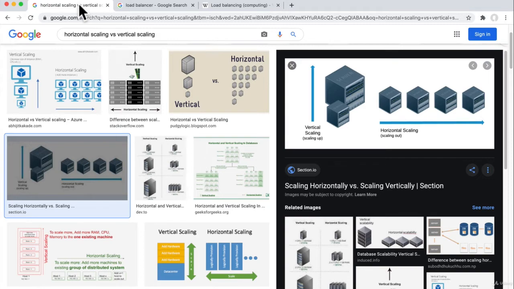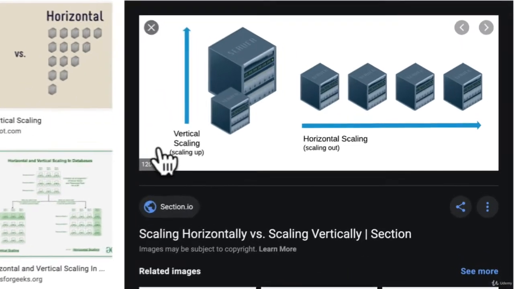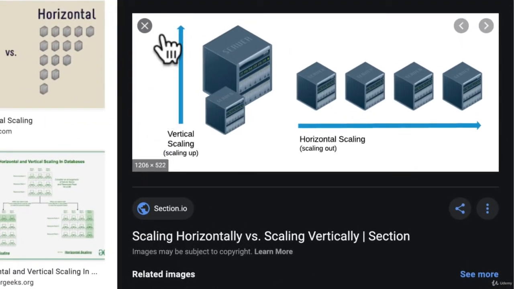Rather than doing what's called vertical scaling, where we add more speed to our one node process, our one node server, by, for example, replacing our CPU with a faster one. That's vertical scaling.